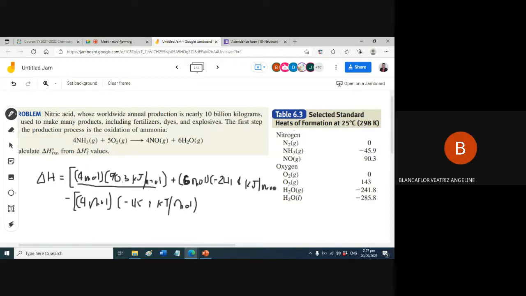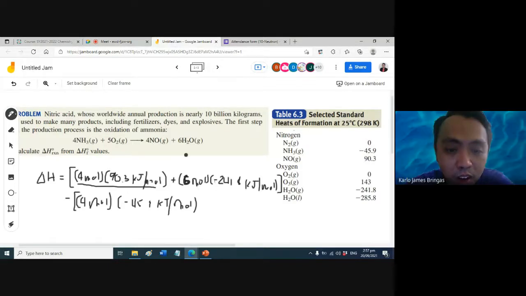Sir, may tanong ako, sir. Bakit dyan siya sa may kasama po ng values ng NH3 nilagay yung sa water po? Okay, ang water natin is products kasi. So una natin isusulat is all of the products. This is for the NO here.